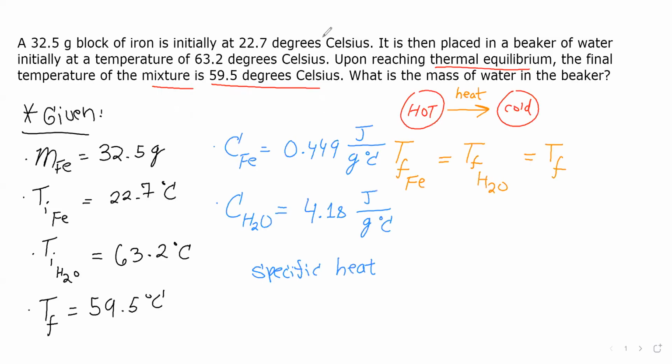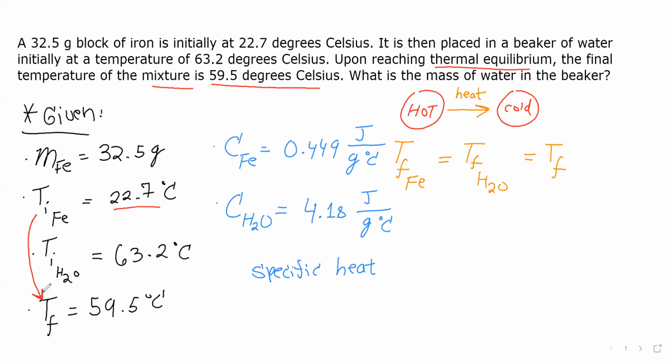So now we're going to do Q, the heat of the iron should equal the heat of the water. Now, we can place a negative sign on either side, but let's be very proper. Where should the negative truly go? If we look back at our given data, the temperature of the iron is 22.7, but then it rises to a final temperature of 59.